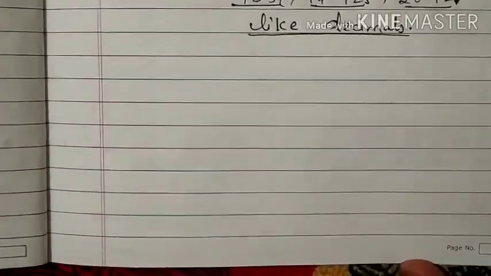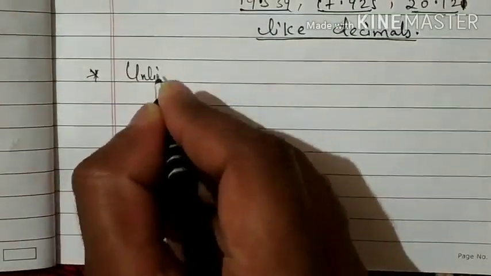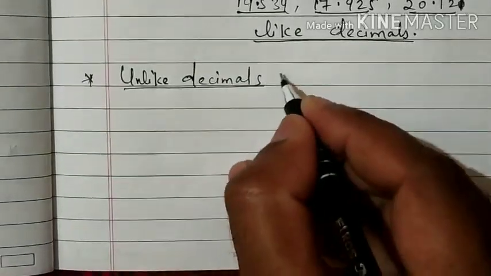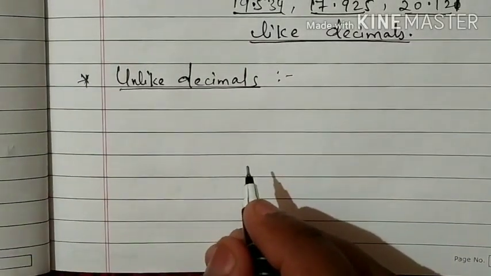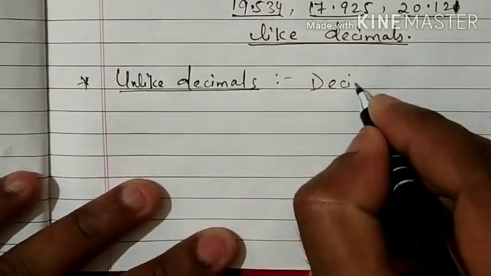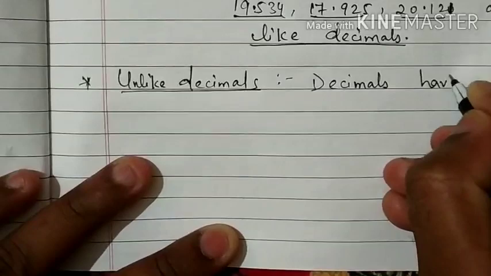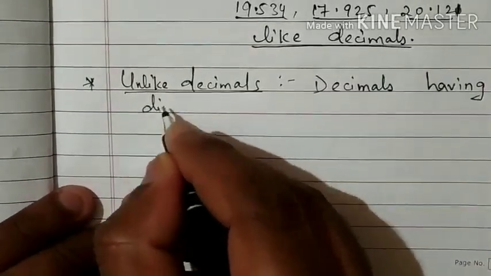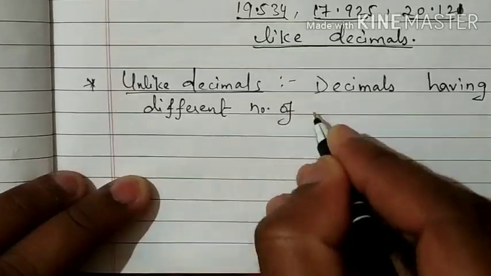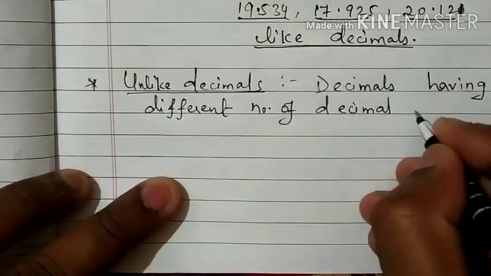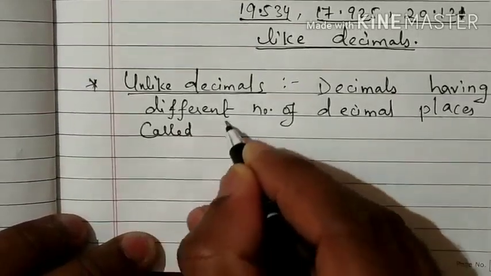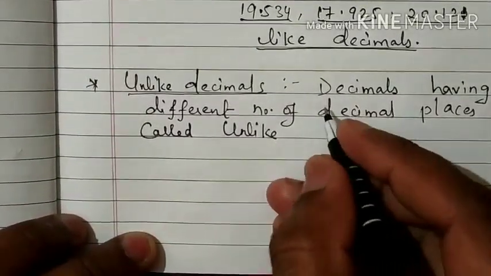Now let's see unlike decimals. Decimals having different number of decimal places are called unlike decimals.